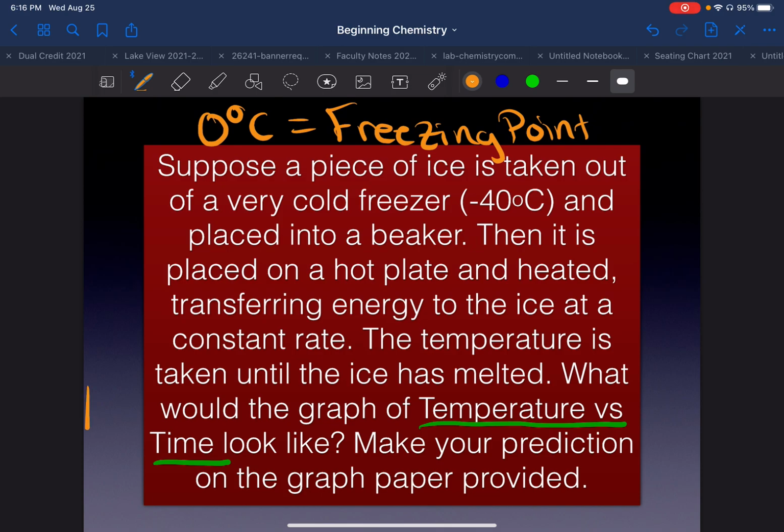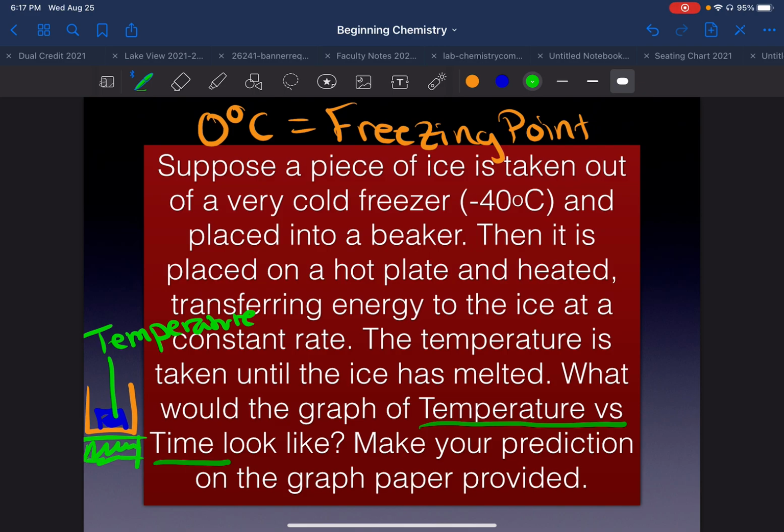So I've got my beaker, and I've got my ice in it, and I've got a temperature probe, and I've got a source of heat. Okay, there you go.